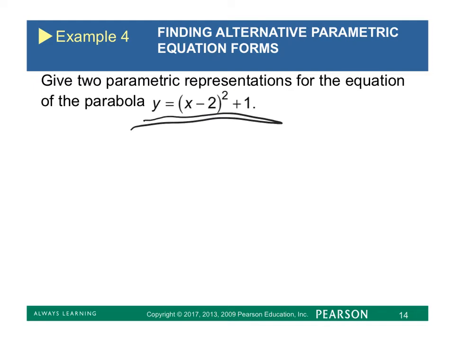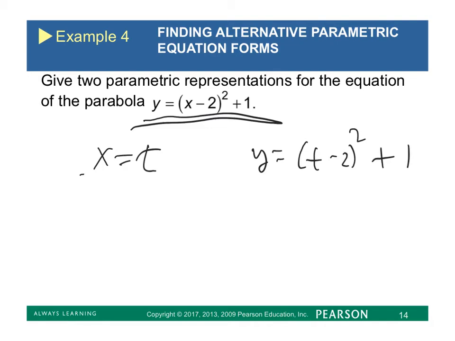Okay. The easiest thing to do is just let x equal t. That's the easiest thing to do. And then by plugging it in, you get y equals (t minus 2) squared plus 1.